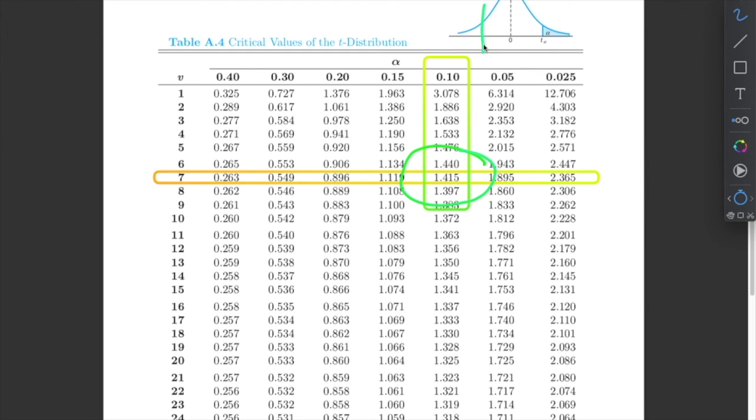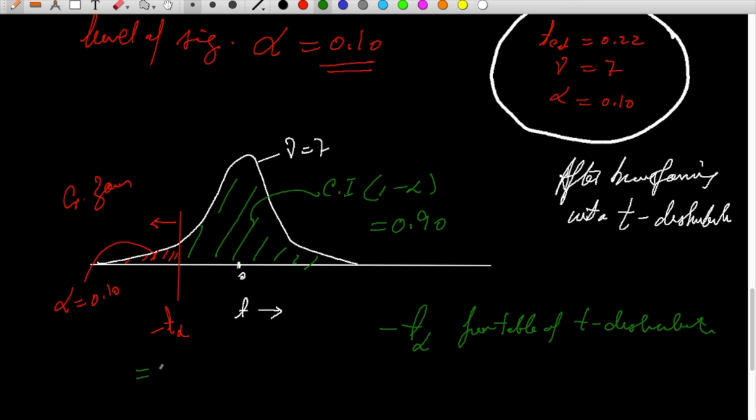This is minus 1.415, because it is a symmetrical distribution. Whatever is on the positive side will be the same in magnitude on the negative side. So here it will be equal to minus 1.415.